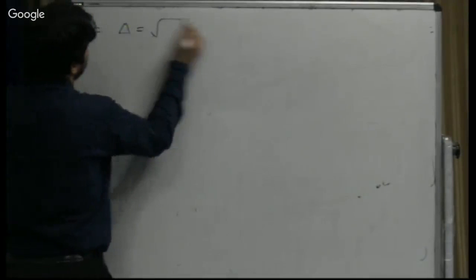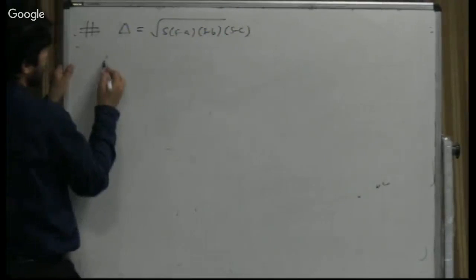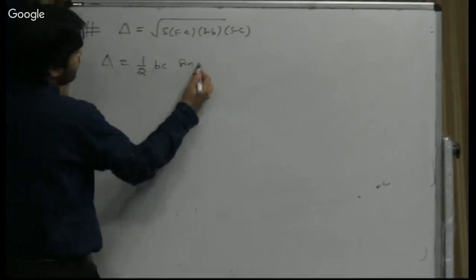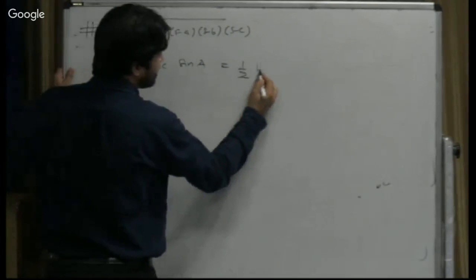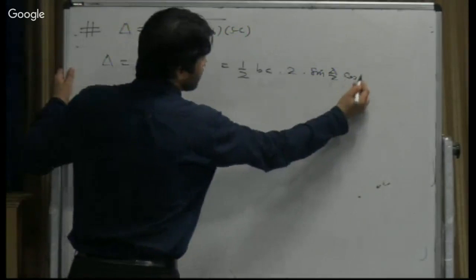See, property 15 was simply Heron's formula. Delta is equal to under root S into S minus A into S minus B into S minus C. Now, since we know delta is basically half bc sine A, right? And sine A I can easily write as 2 into sine A by 2 cos A by 2.